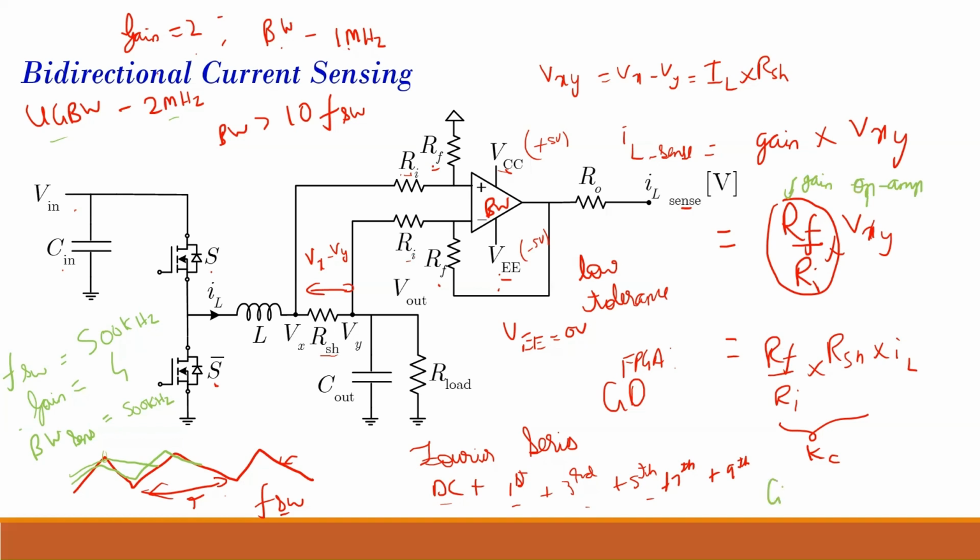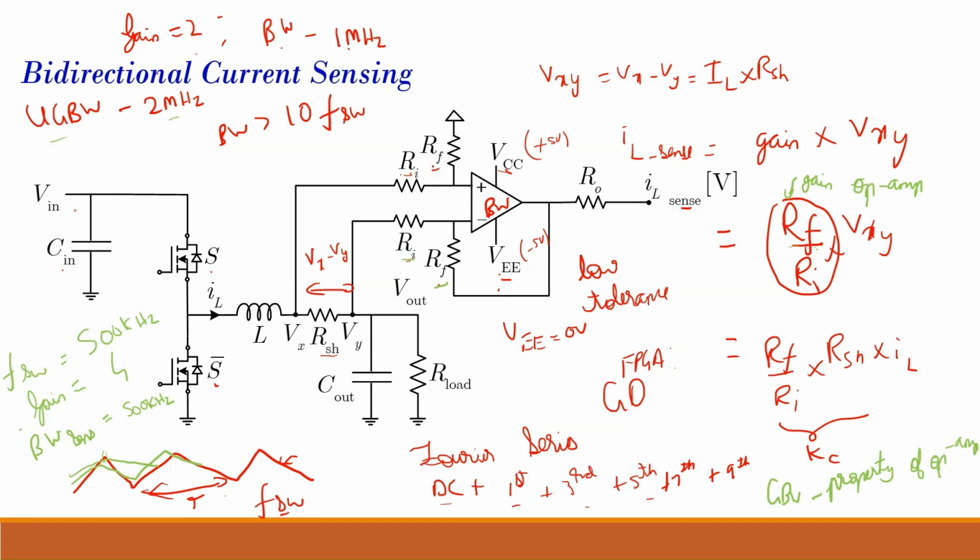So let me write it. Your gain bandwidth product is a property of your op-amp, given in the datasheet. The datasheet says the gain bandwidth product of this op-amp is 2 megahertz. Now, based on the external circuitry, I am setting the gain of my op-amp to be RF upon RI.